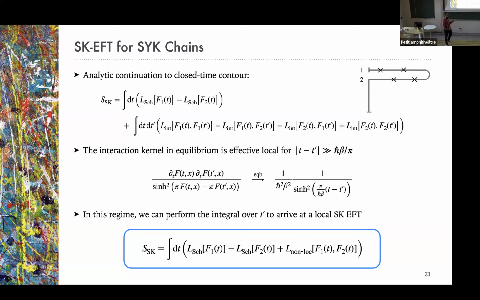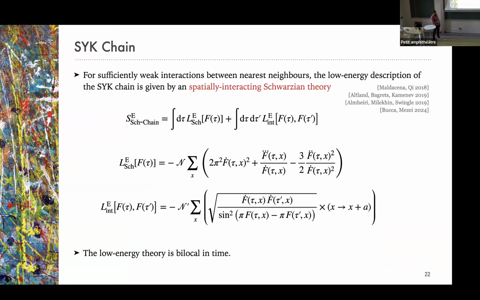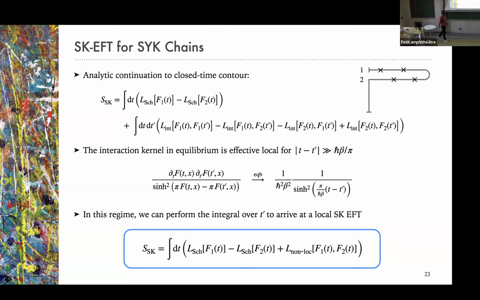To actually derive the action that I started with, I need something that is local in time. And it turns out that the kernel that I had, the bilocality kernel that is present in this theory, has a sine square, which upon analytic continuation becomes sinh. And this near equilibrium behaves like this.